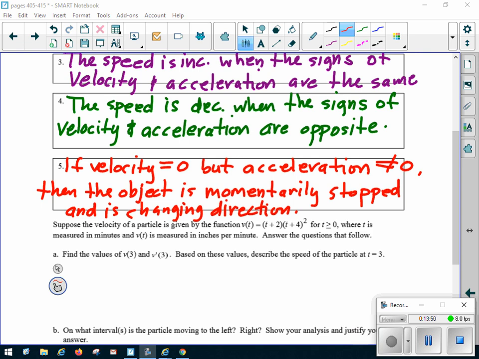No, my acceleration here is negative because it's pushing. It's pushing, it's not pulling, it's pushing. So if my velocity is negative, I'm moving backwards, and my acceleration is pushing me backwards, then I'm speeding up in the negative direction. So if my velocity and acceleration are both negative, I am speeding up in the negative direction.